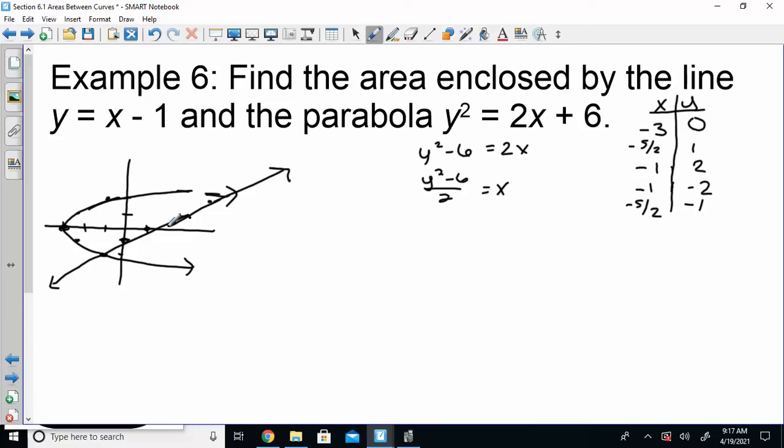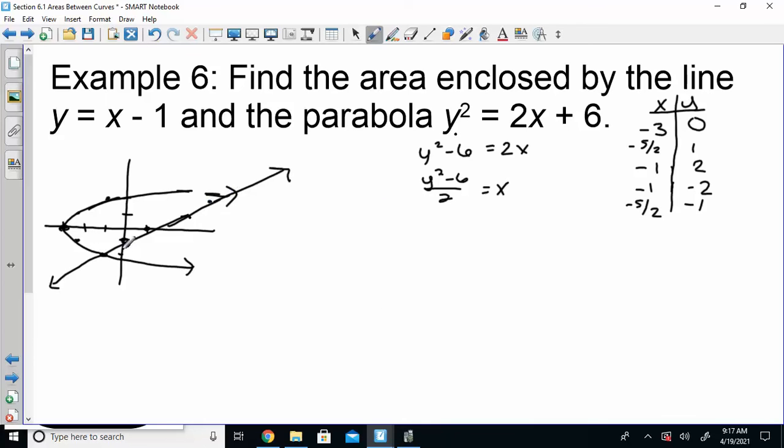But sometimes it's easier to work with y's, which was kind of obvious if we look back when we had that y squared. We weren't just going to get y equals something in this problem. Or if we do, we're going to have to break it up and do a positive square root and a negative square root, and it's going to get very ugly. But it's not that hard to find what x equals. So this time, we are going to integrate with respect to y.